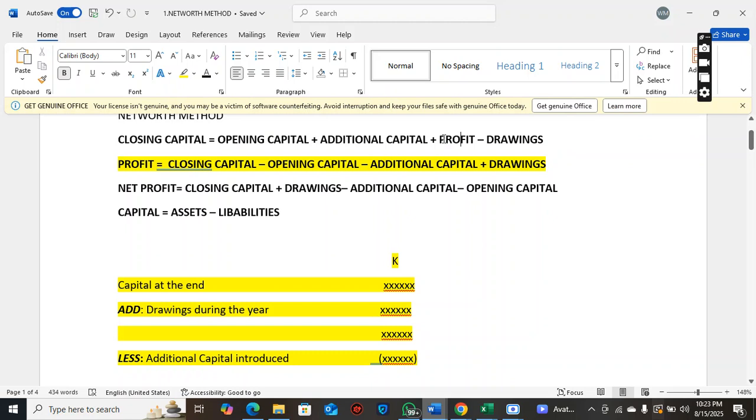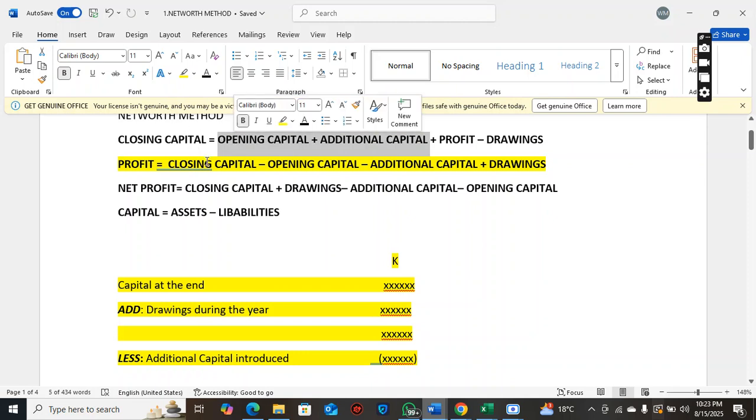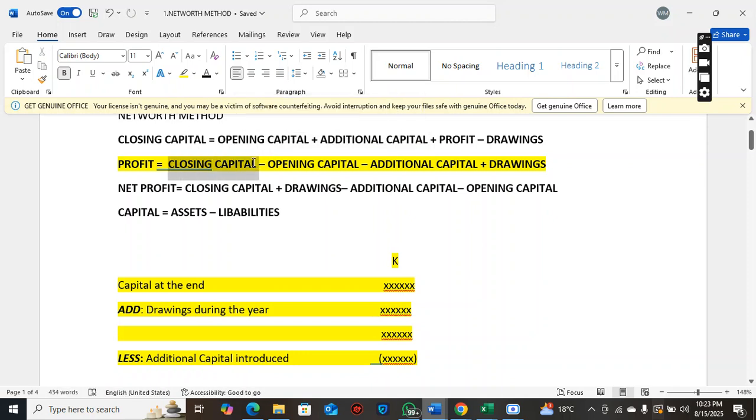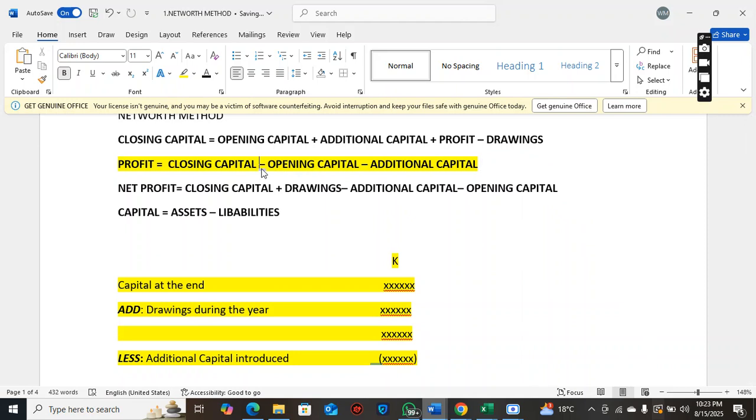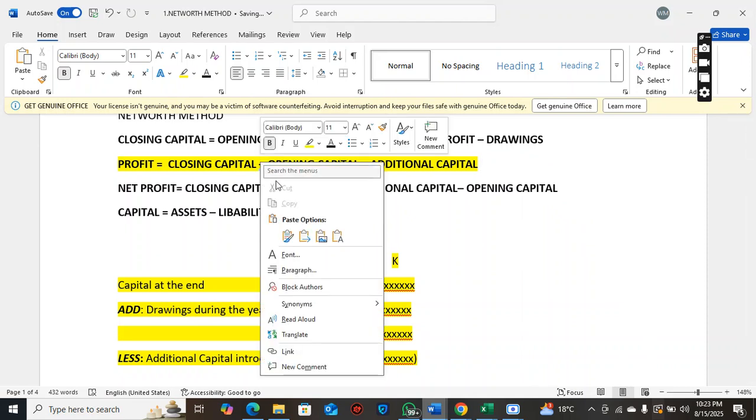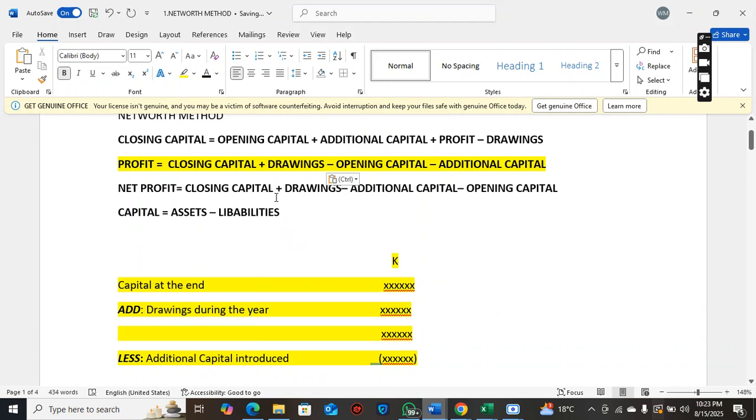Now, if you want to make profit the subject of the formula, meaning you take these things over the equal sign, it is closing capital plus drawings minus additional capital. So when you rearrange the formula, Mr. Vincent, that's why we're subtracting additional capital. We've just rearranged the formula.